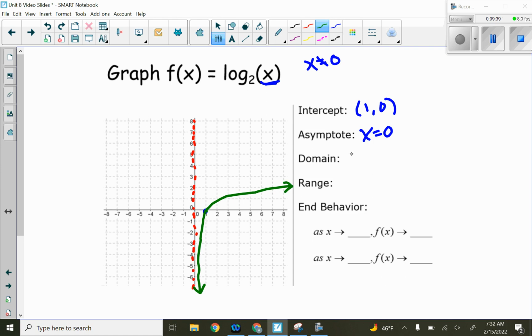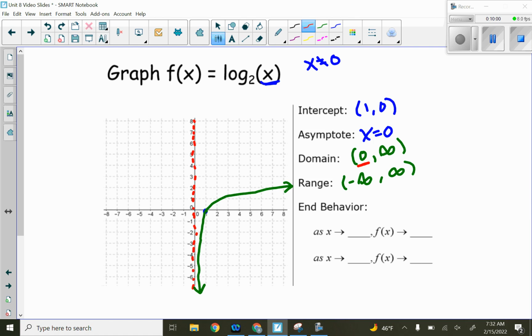Our domain, the furthest left we're going is 0, but never touching it, so that's a parenthesis. And the furthest right we're going is positive infinity. Range, we're going down forever and up forever.